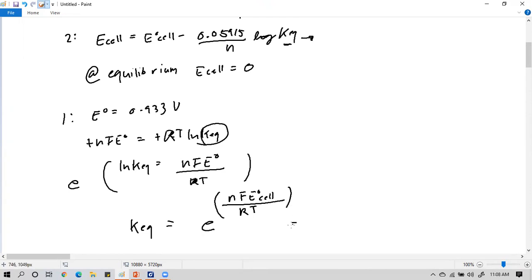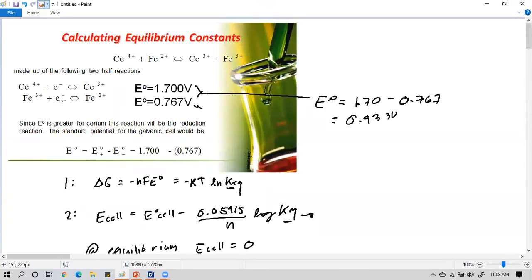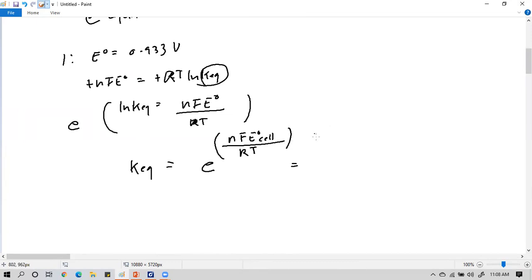Ayan. So, direct substitution na lang. Ilan ba yung moles electron na gamit? Only 1. So nandito is just e raised to 1 times the Faraday's constant, 96,485. I will drop the unit na muna. 0.933 for the E naught. All over the gas constant, which is 8.3145 joules per mole Kelvin. And ang temperature natin is 298.15 Kelvin.